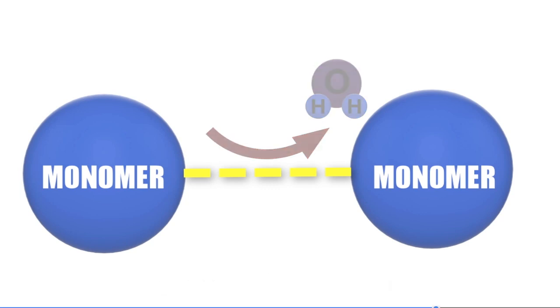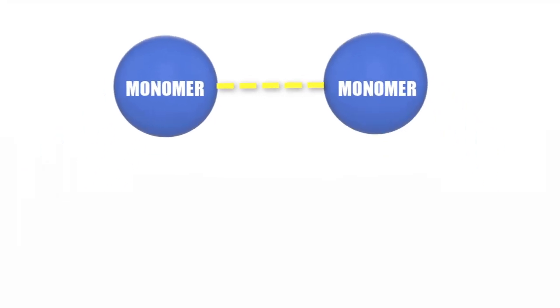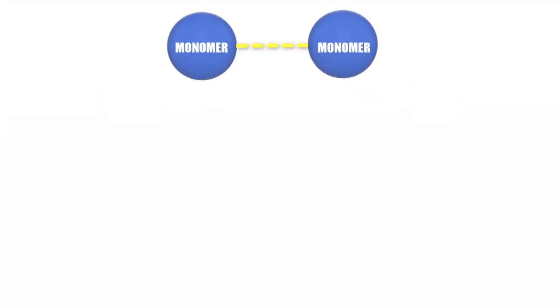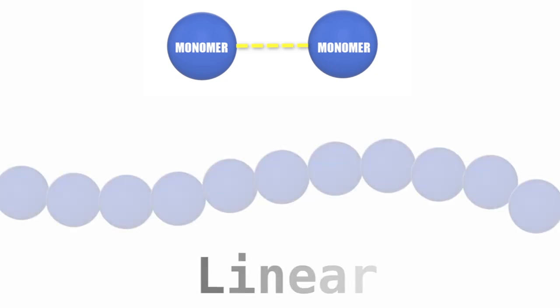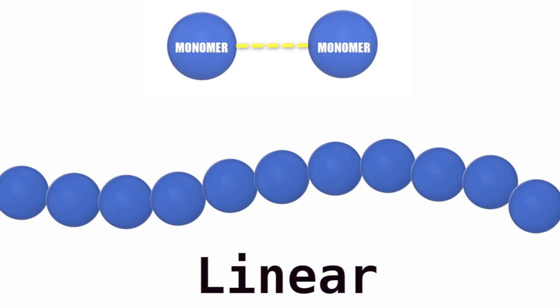Now, also keep in mind that when monomers come together, they will form chains if they are forming just two bonds between each other. So they're going to form a linear structure that looks a little bit like beads on a string, or a necklace full of little pearls, if you think about these monomers that you see here as beads in a necklace.